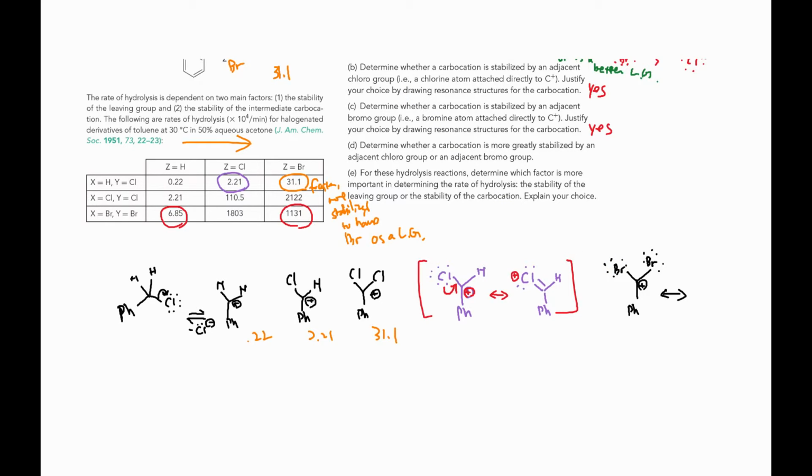I can move the lone pair from here to over there to form a double bond. Then my plus charge from the carbon is now spread to the bromine on the left. But also, I can draw another arrow from the lone pair on the right side to form a double bond on that.